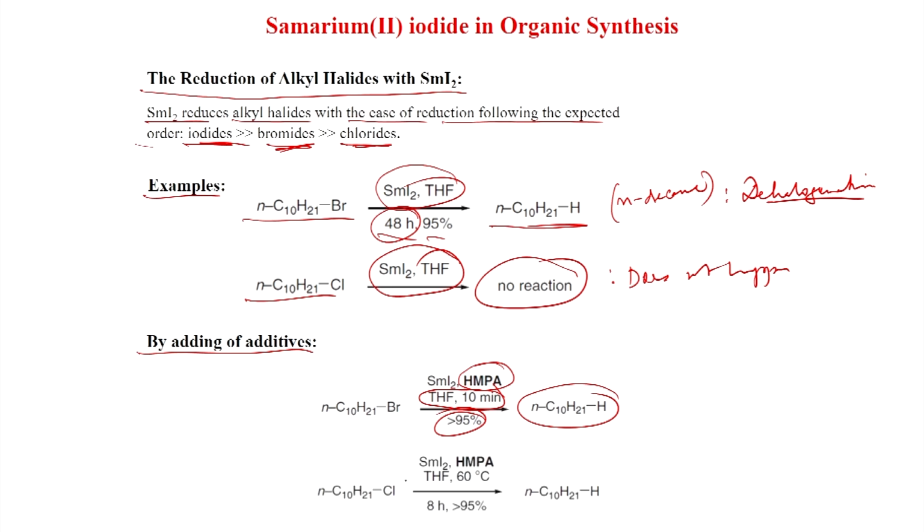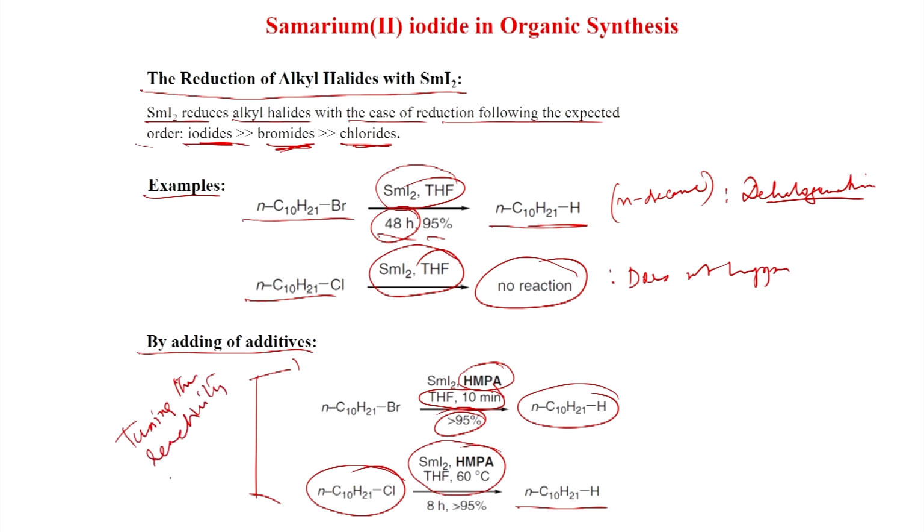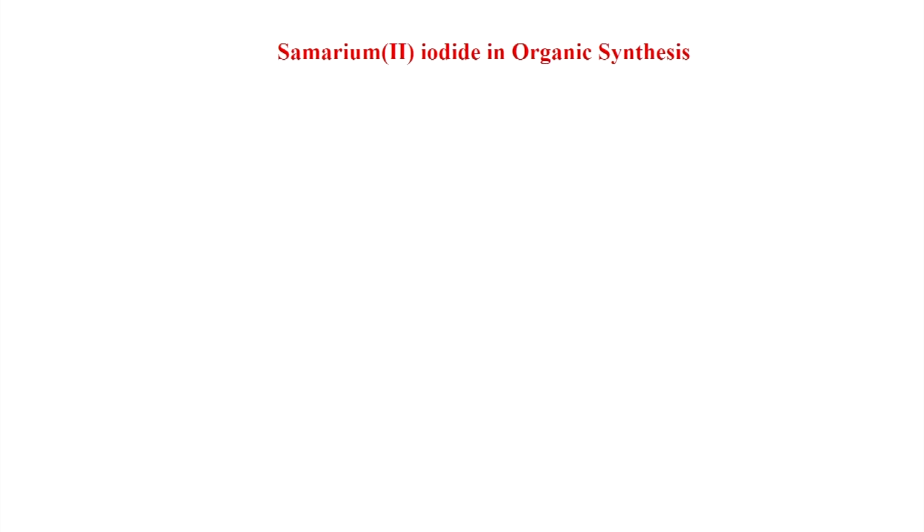And now chloride also can be used with samarium iodide, HMPA, THF, 60 degrees centigrade, 95% yield of the n-decane. So, that means tuning the reactivity. Actually, it is increasing the reactivity, tuning the reactivity with HMPA. So, this is very important. With HMPA, samarium iodide becomes a stronger reducing agent.